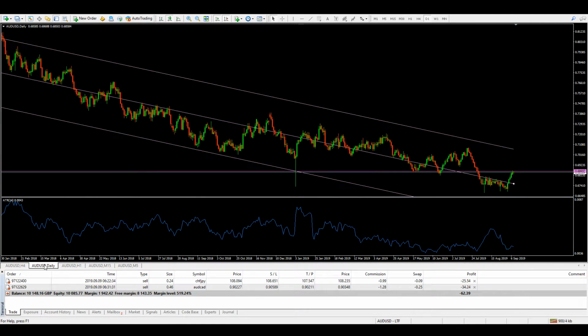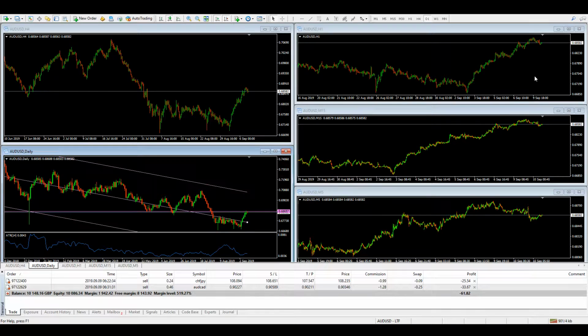So for that to happen, the lower time frames need to start to roll over and start producing lower lows and lower highs, which they're not. Well, most of them aren't. The most important ones aren't.